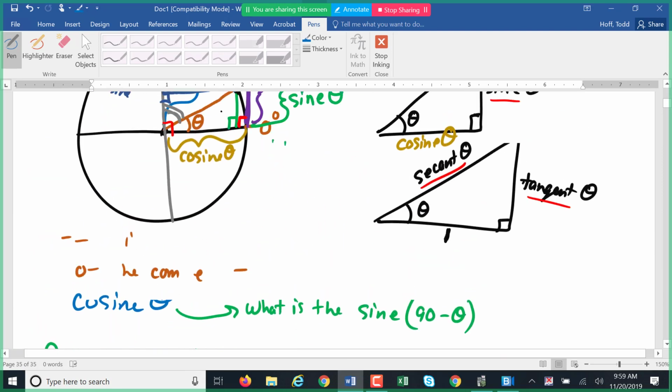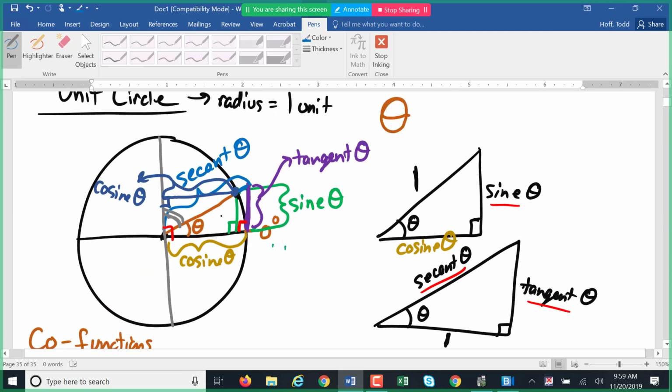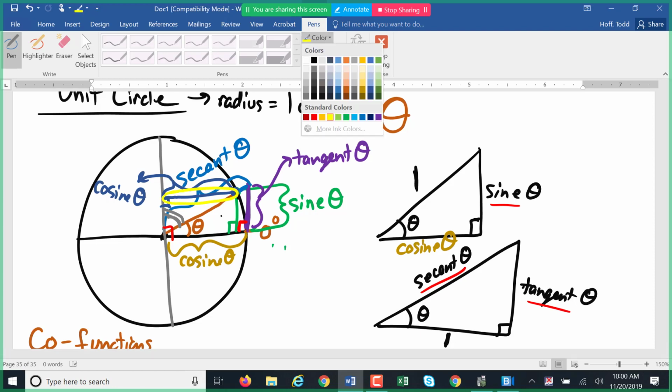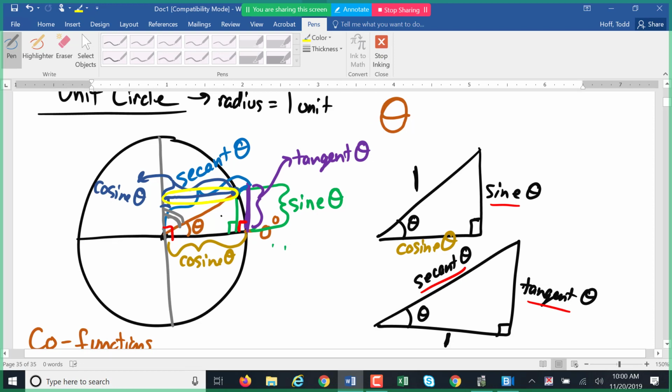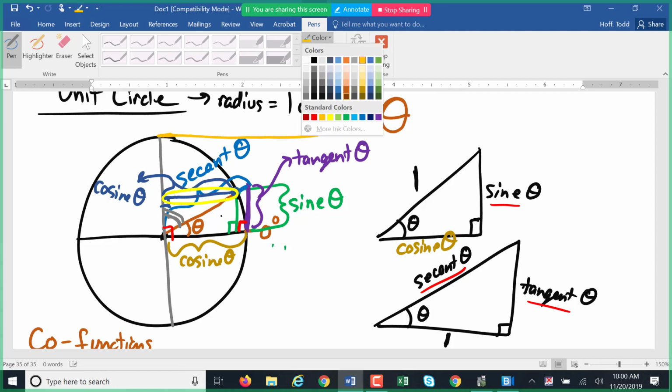Now, if I go back up to my unit circle, we said this distance here was the cosine. That would make the cotangent and cosecant off of this reference axis, because we shifted our reference axis. So it would come out something like this.